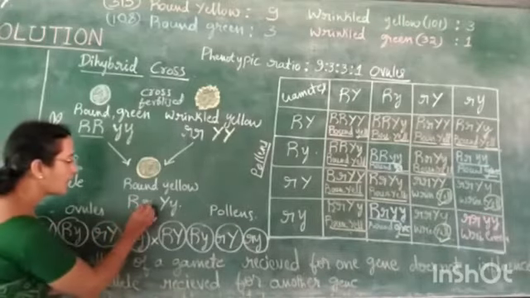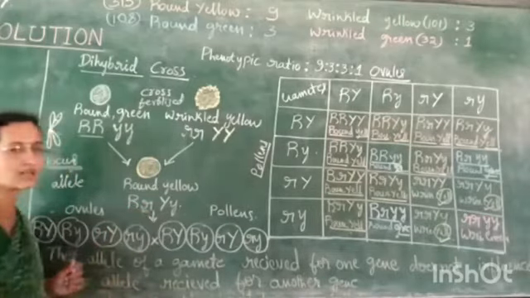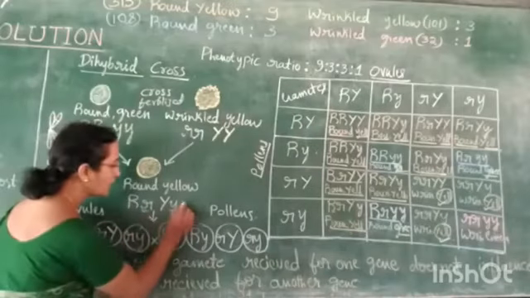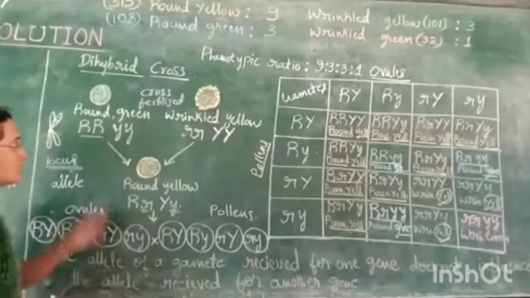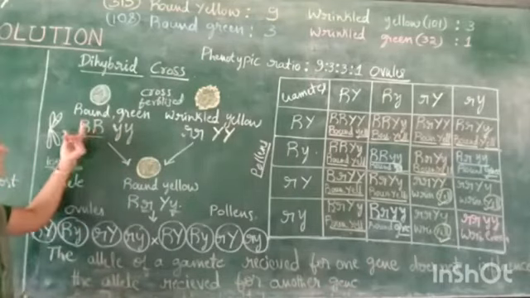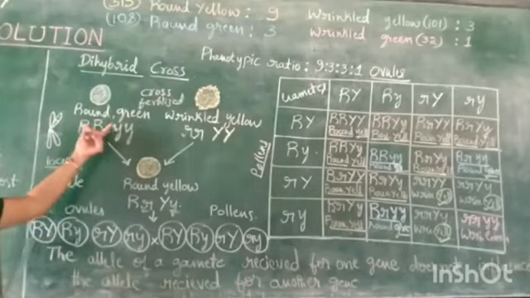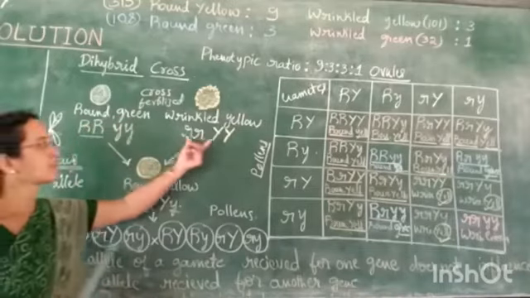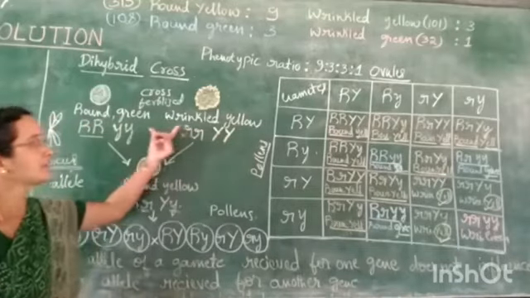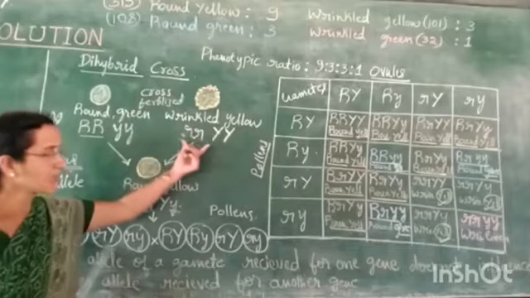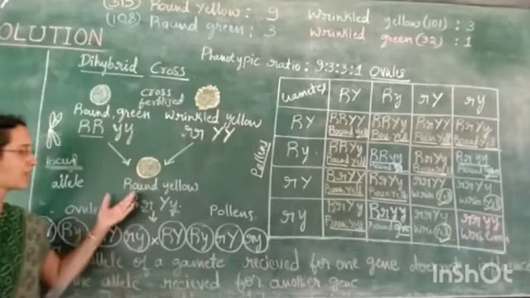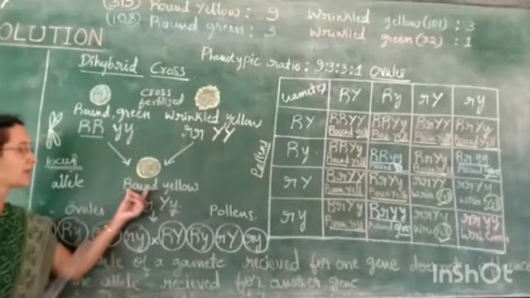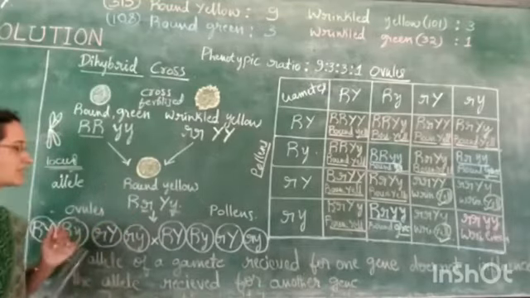The small r denotes the wrinkled nature of the seed, whereas the small y denotes the green factor of the character. So when he cross-fertilized the round and green color seed plant with the wrinkled and yellow colored seed plant, he obtained all the plants which showed the characters where the seeds had the round and yellow nature.